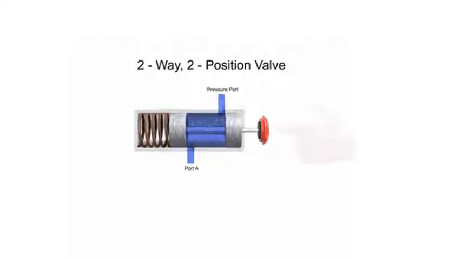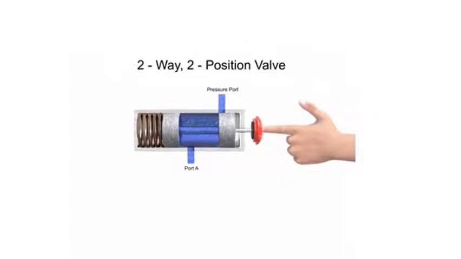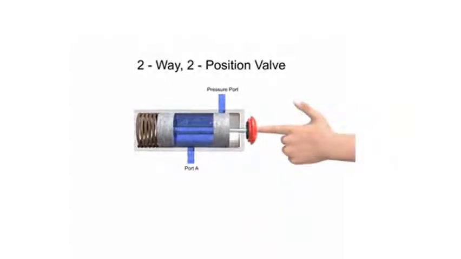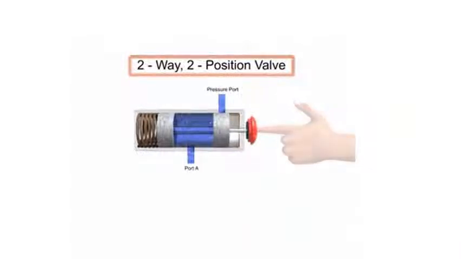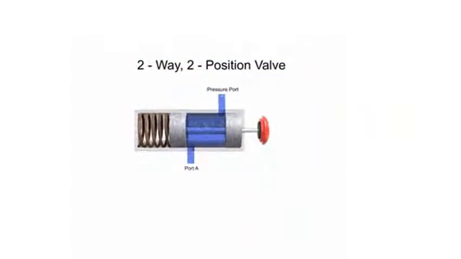2x2 valve, normally opened valve, now it is closed. Two-way, two-position valve. It is normally opened, and when the push button is applied by the external force it blocks the path between pressure port and port A. Now it is opening.